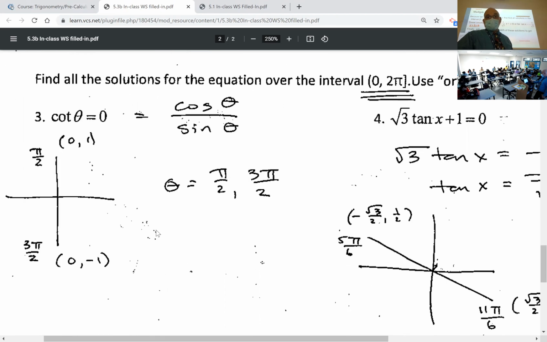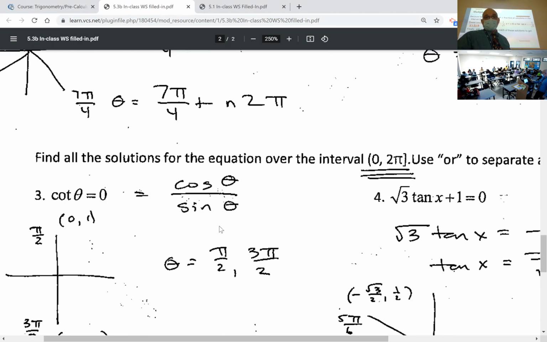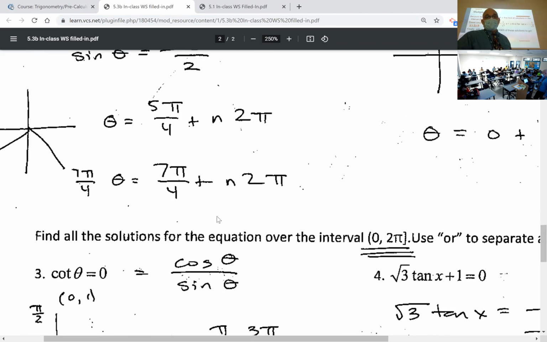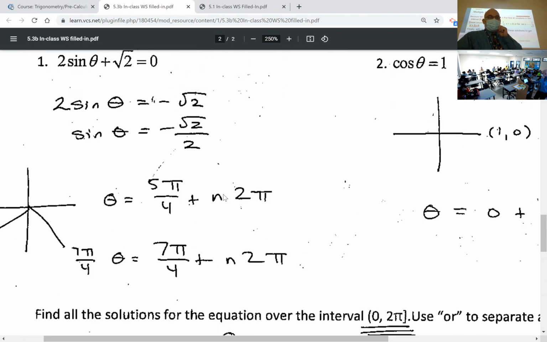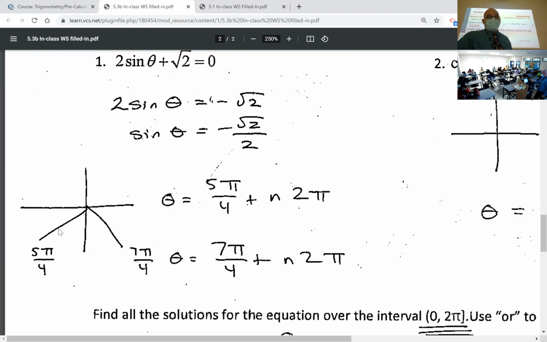Good question. Also, what does the 2 represent in the n and the 2 in the pi? That's because for sine, cosine, secant, and cosecant, the period is 2 pi. So it repeats itself after we go all the way around the circle.